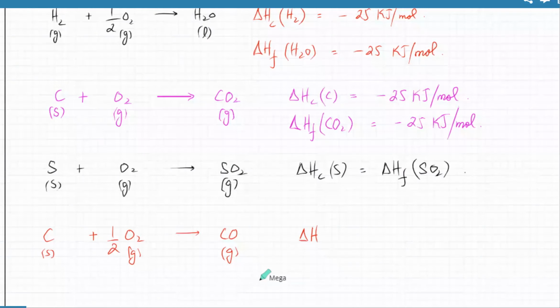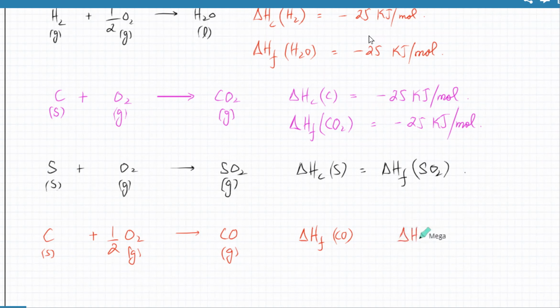So for this one, I can only call it the enthalpy of formation of carbon monoxide, because 1 mole of carbon monoxide is getting formed from its constituent elements, which are these two elements. Why can I not call it the enthalpy of combustion of carbon? Exactly, because remember, for combustion, I told you it has to be complete combustion.